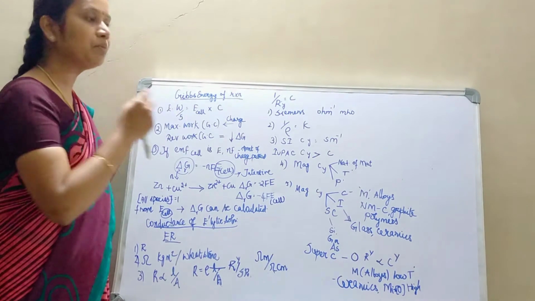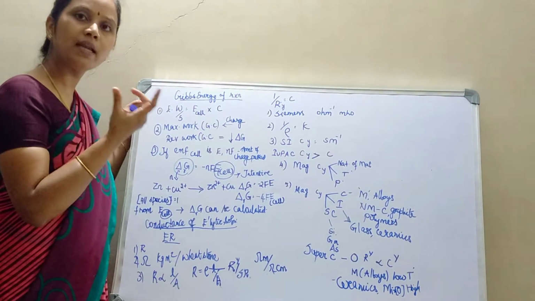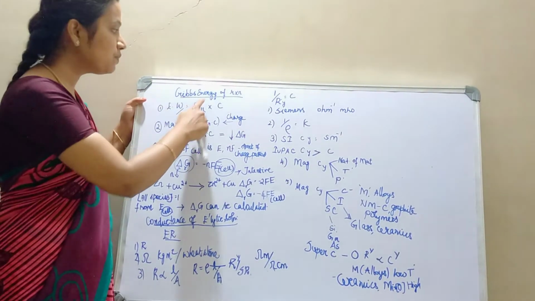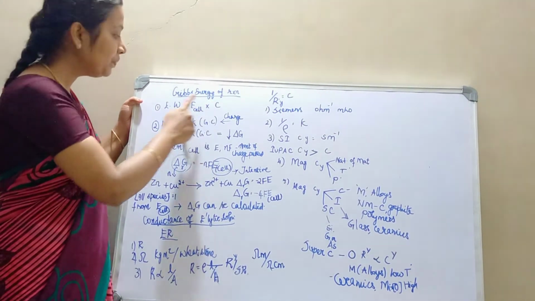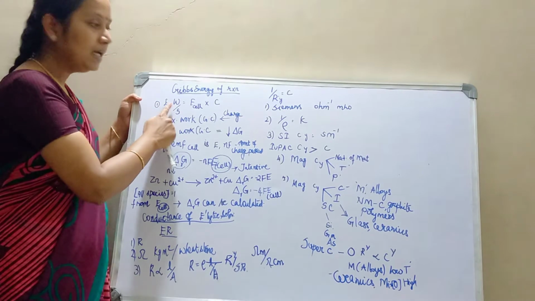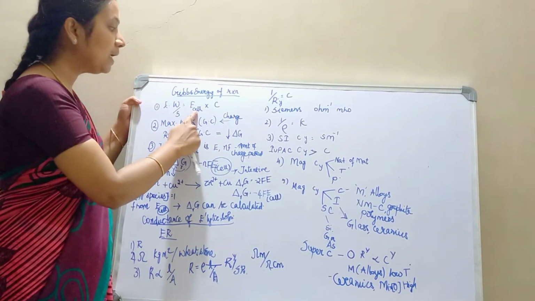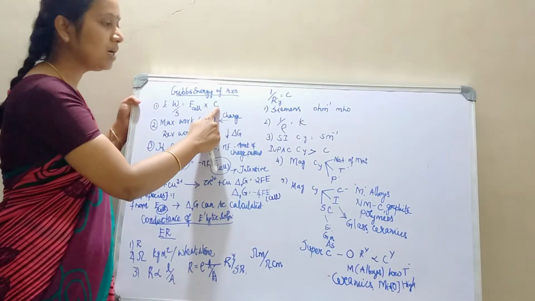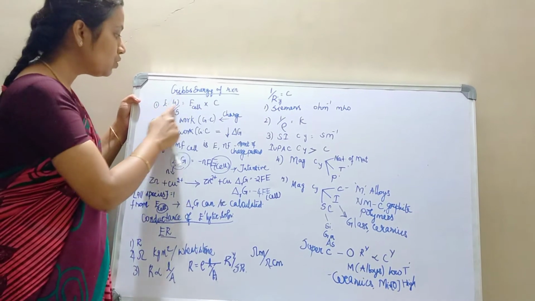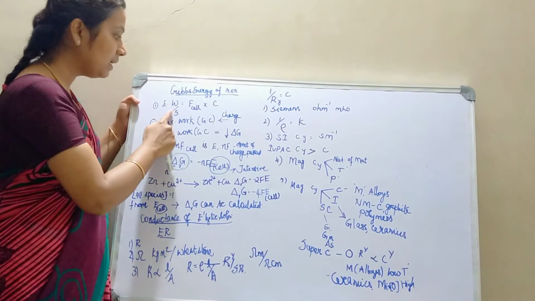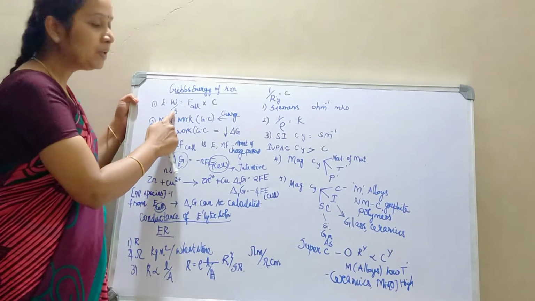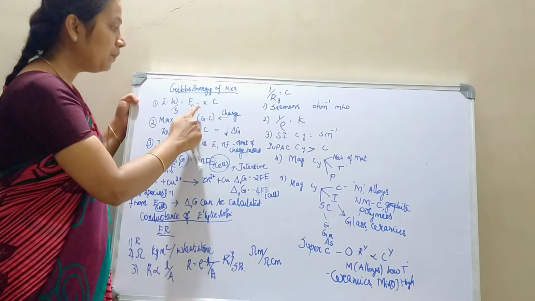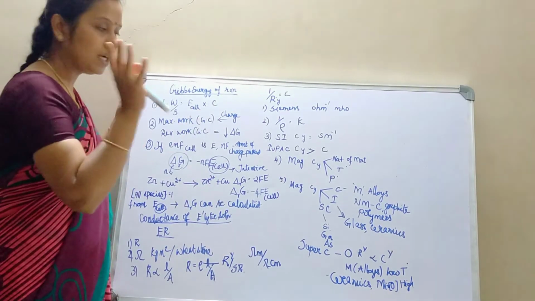Next I am going to relate the reaction or electrode potential with an important thermodynamic property called Gibbs free energy. So what is electrical work? Electrical work is nothing but electrode potential into charge, which is equal to cell potential into total charge passed.